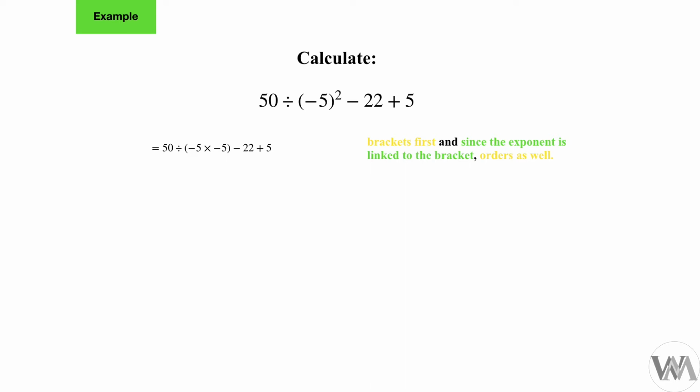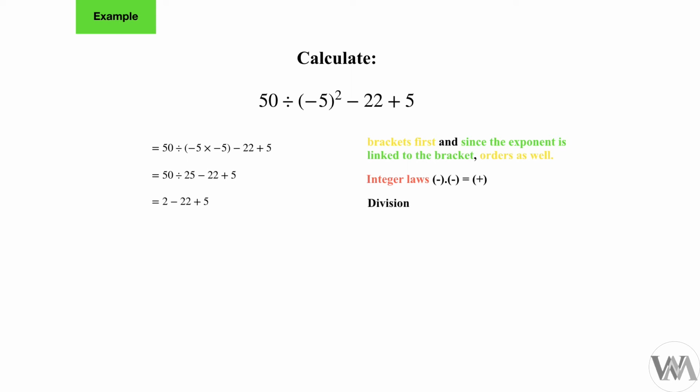Remember, the negative 5 is inside the brackets, so we are going to multiply the negative number with the same negative number. Our next step is to use our integer laws while we multiply, and we know that a negative multiplied by a negative will yield a positive. So now we have 50 divided by 25 minus 22 plus 5.